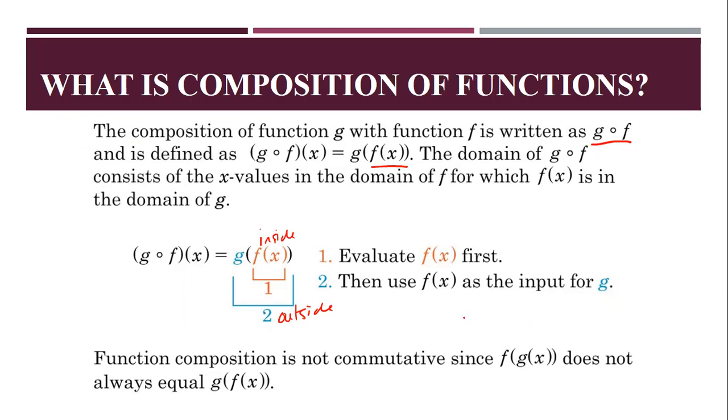And this can also be written as F composed of G. And that just means that you're putting G of X into F. Okay, it is not commutative, meaning that these two things do not produce the same result all the time. Okay, so that's really all you had to write there.